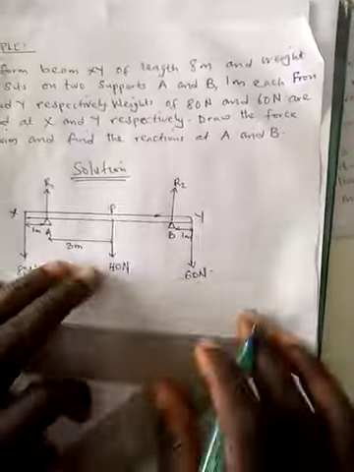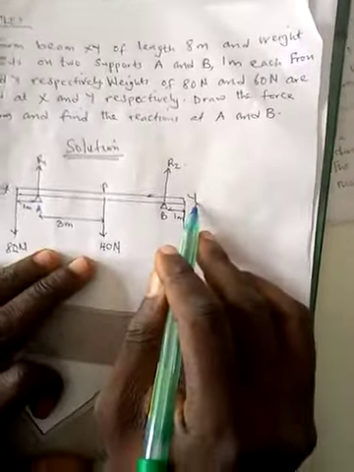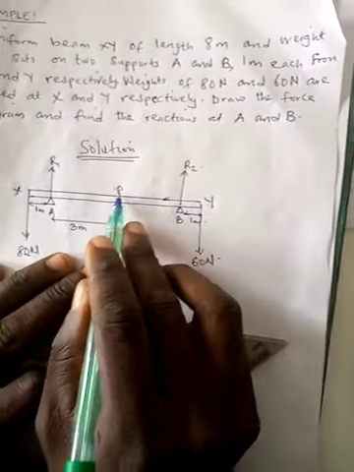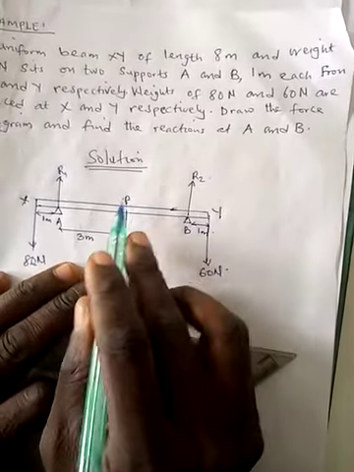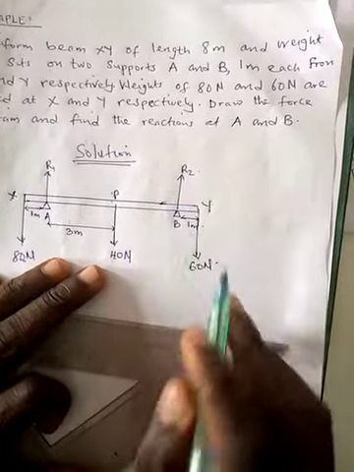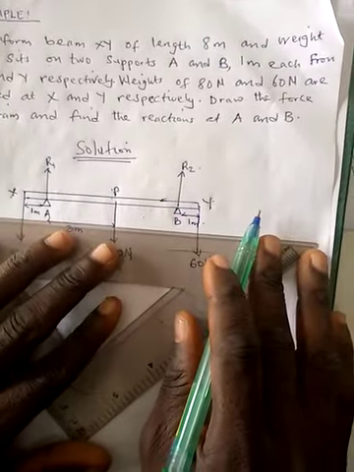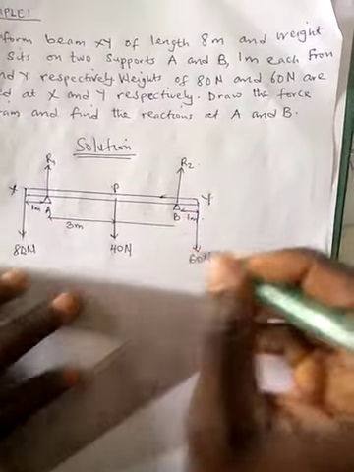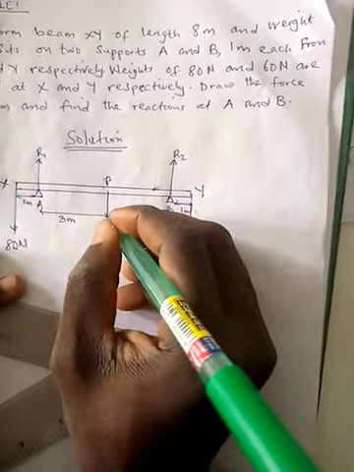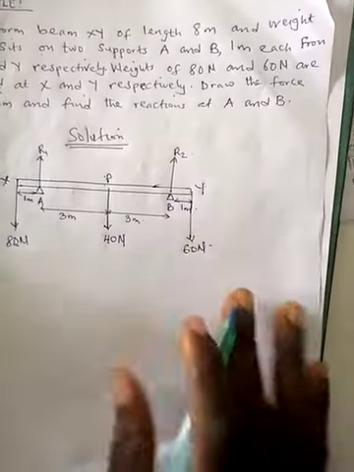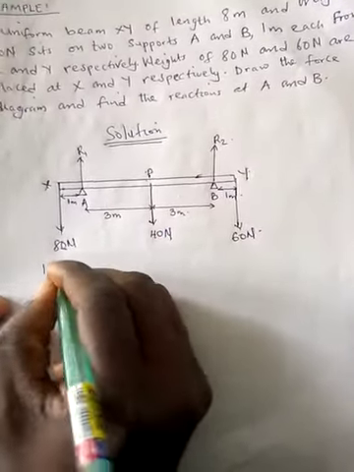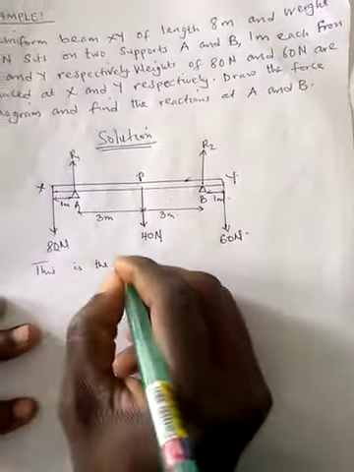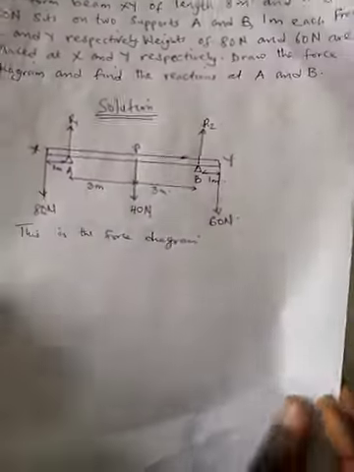And also PY is 4 meters, BY is 1 meter, then PB will be PY minus BY. So we also have 3 meters. So this is the force diagram. Now we can look for the reactions at A and B.